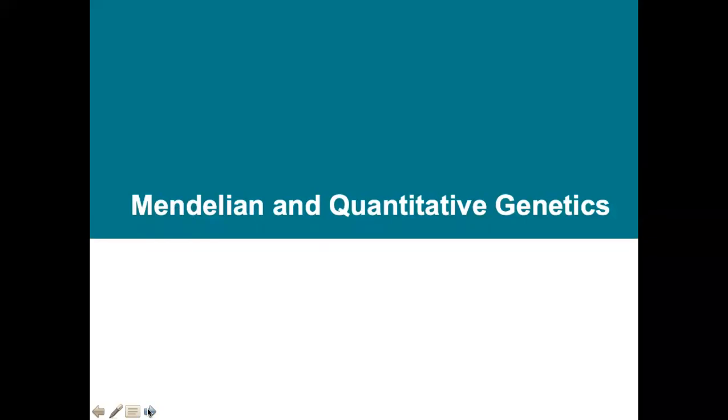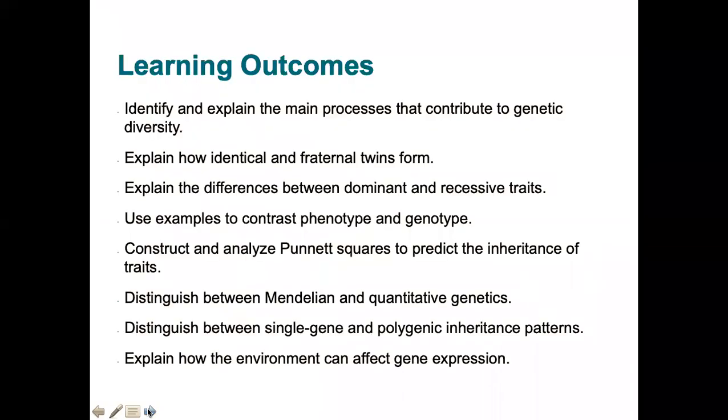So we're going to talk about Mendelian genetics and quantitative genetics, which sounds maybe intimidating, but it should be a pretty straightforward chapter. It's a short one at least, because next chapter we're going to look at genetics a little bit more. So we're going to talk about how we get genetic diversity, the difference between identical and fraternal twins, dominant and recessive traits, genotype versus phenotype.